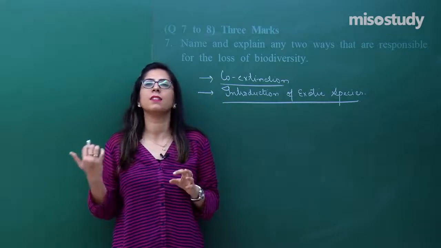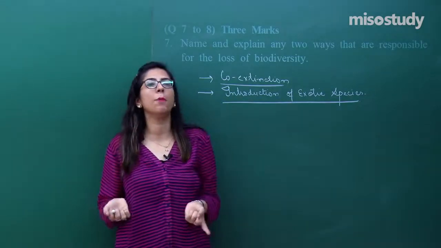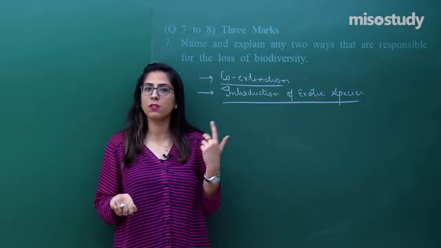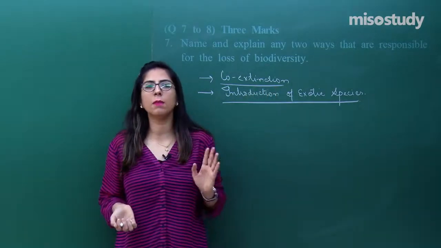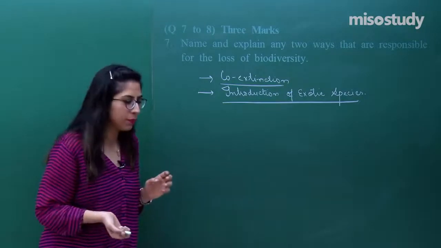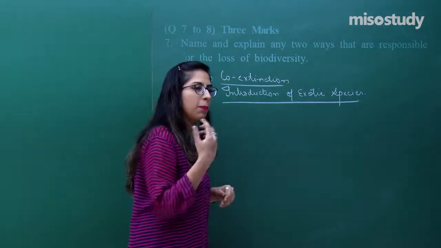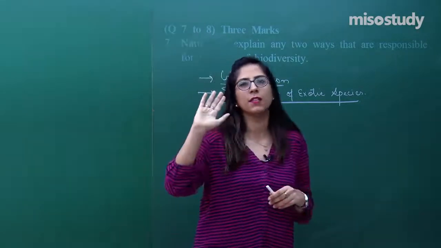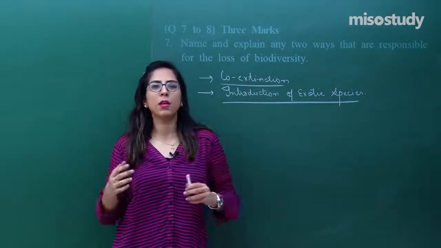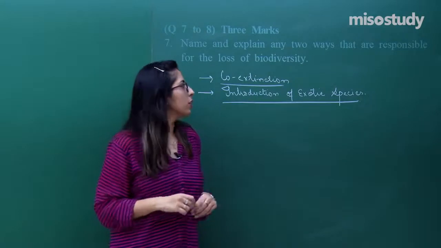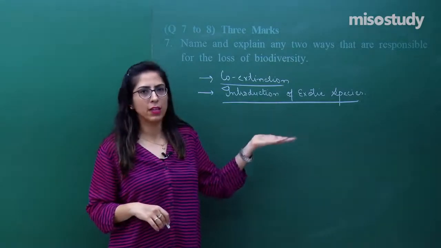Definitely the chances are that the second species which is dependent on it in obligate relationship will also be eliminated. That is called co-extinction. Even the plants and the pollinators are like this. If the pollinators are extinct from nature, definitely the plants will not be able to survive, right? So this is called co-extinction.